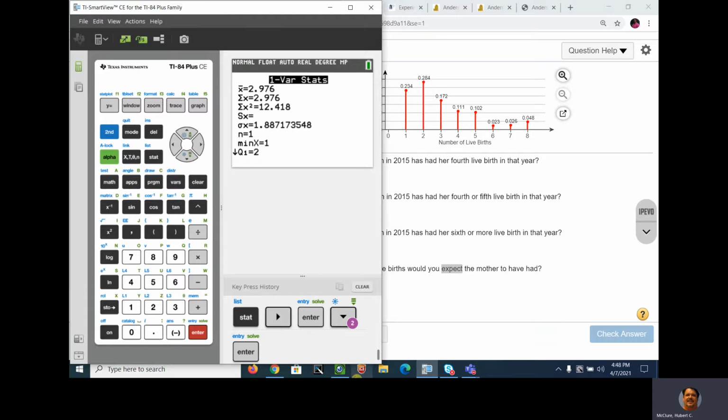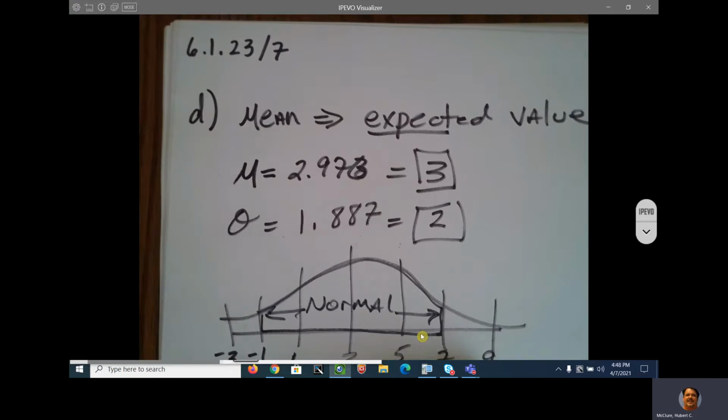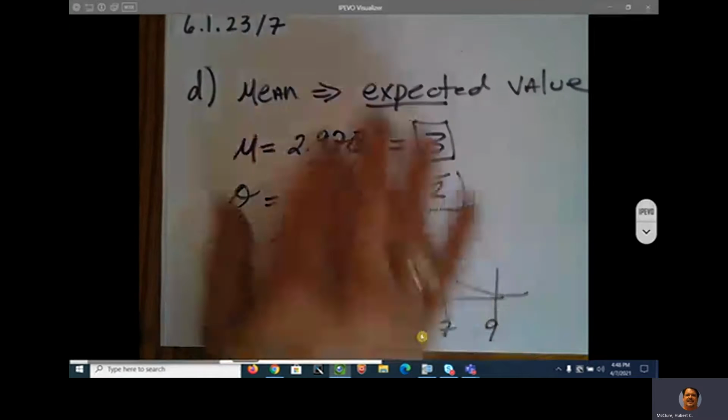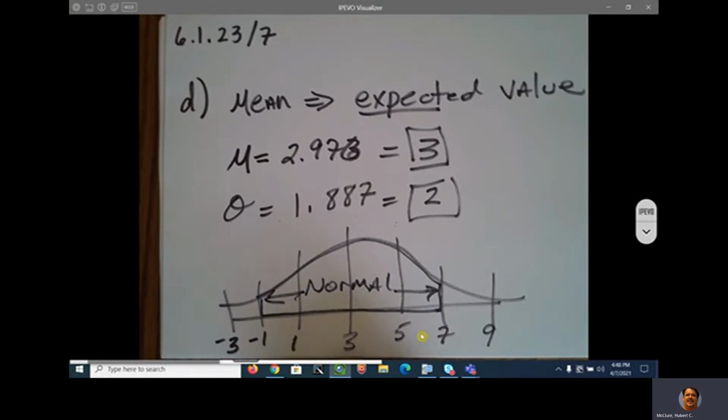So I don't know if they're going to ask for that or not, but that's how you find the mean and the standard deviation and draw the curve if you need it. I'll put that there so you can hit pause. There we go. Mean in the middle, add 2, add 2, add 2. Mean in the middle, subtract 2, subtract 2, subtract 2.